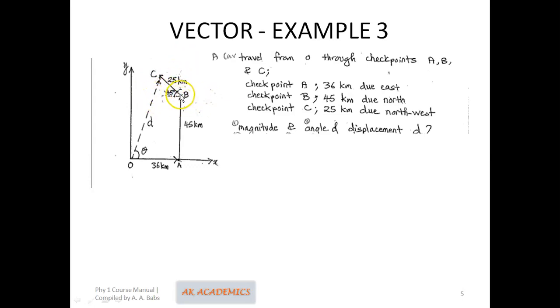So we draw the movement of checkpoint C, 45 degrees from B in this direction. All right, so we have 25 kilometers from B to checkpoint C here. The car traveled from O to A, and then to B, and then to C: 36 kilometers to A, 45 kilometers to B, and then 25 kilometers to C.